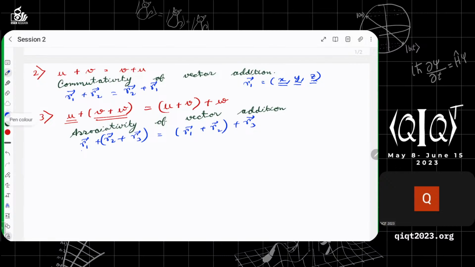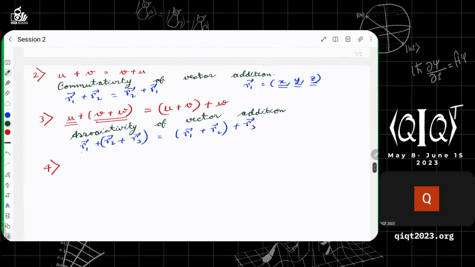And the fourth condition also relates to the vectors only, and they say that there should exist a null vector, and we will denote it by, let's say, theta.